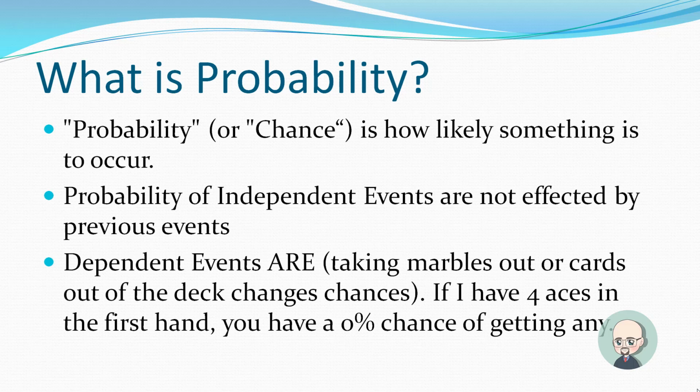If I have 4 aces on the first hand and you're still drawing cards out of the deck, and it's a fair deck, you have a 0% chance of getting any because I have all of them. Now, independent events are something like a coin toss, where they're not affected by previous events. Every time you flip a coin, you always have the same chance, okay?